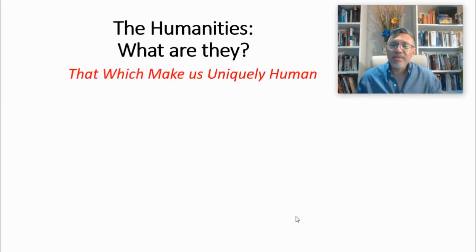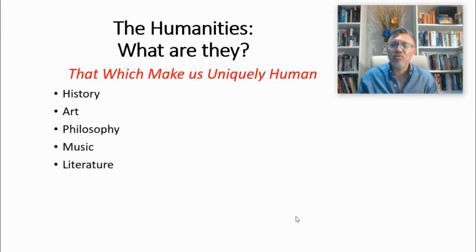In a nutshell, the humanities is the name for a broad umbrella that covers all of these sorts of disciplines that reveal what it is that makes humans unique, right? When we take a look, we create history, we create art, we philosophize and come up with ingenious ideas, and we create music, and we write stories to tell each other.